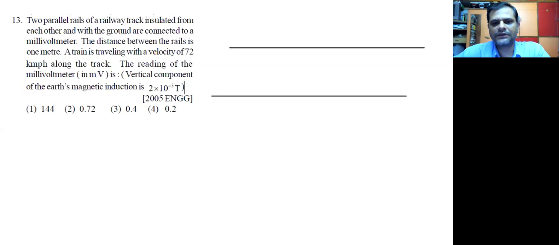And this is another one. Okay, and they are parallel to each other and they are just connected with a millivoltmeter. Okay, यहाँ पे एक millivoltmeter connected है. Okay, suppose this is the millivoltmeter which is connected between these two rail tracks here.